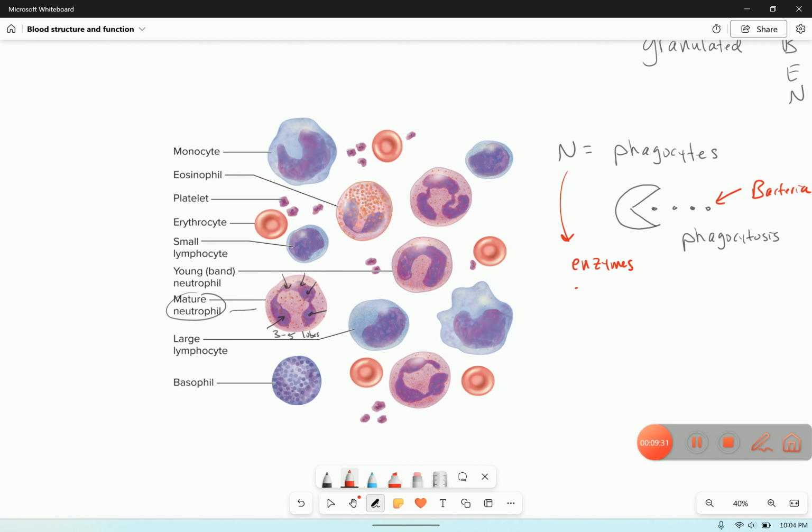It also helps with inflammation. So the inflammatory process actually brings in other white blood cells to help. Then it also helps prepare the area for tissue healing.